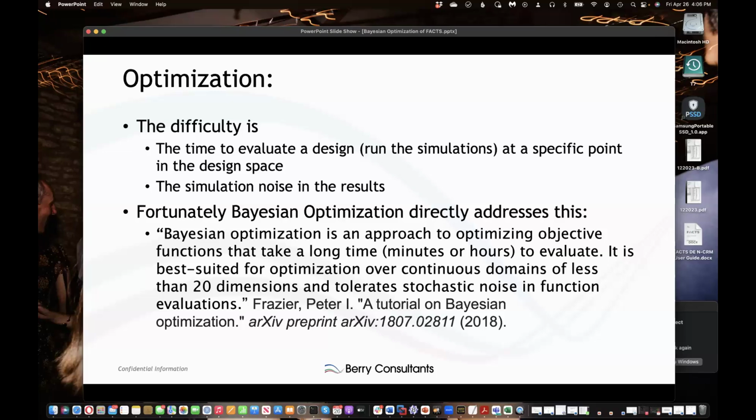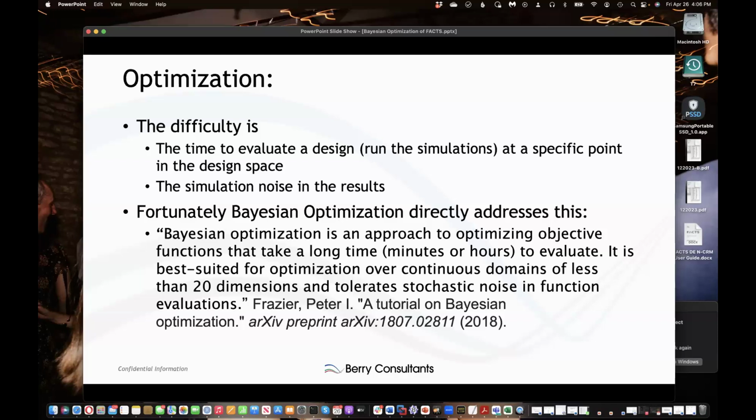Some techniques can cope with you having an expensive evaluation function, but they expect a precise number out of the end, or they rely on you being able to take a first or second order differential of the function and do gradient stuff. But Bayesian optimization is an approach for optimizing objective functions that can take a long time, minutes or hours, to evaluate.